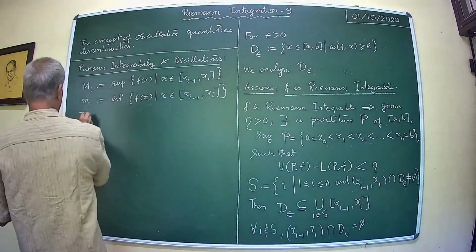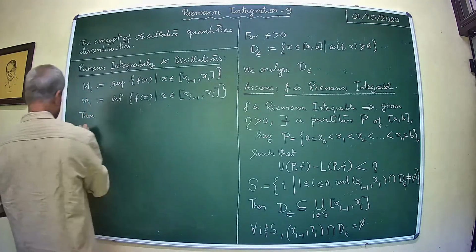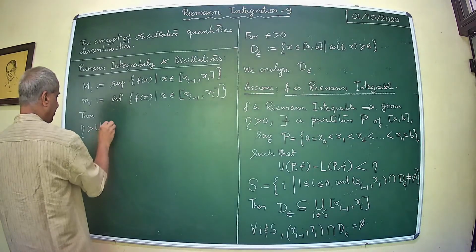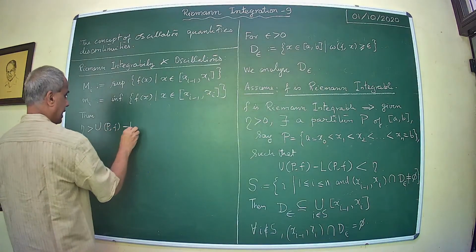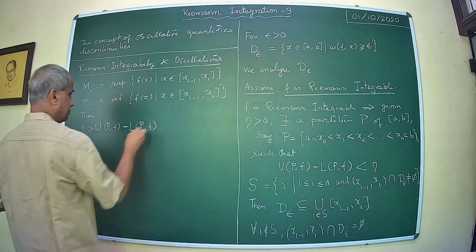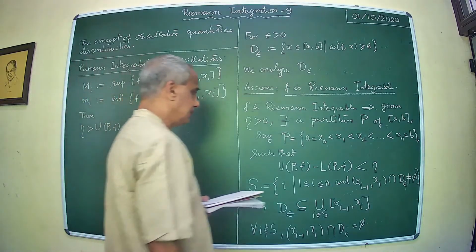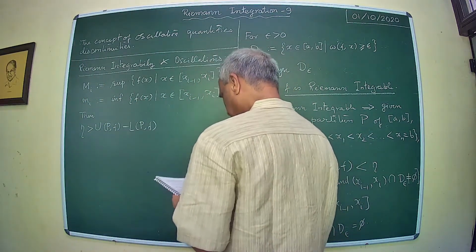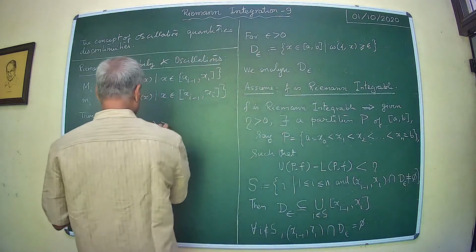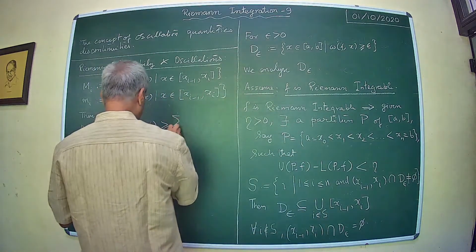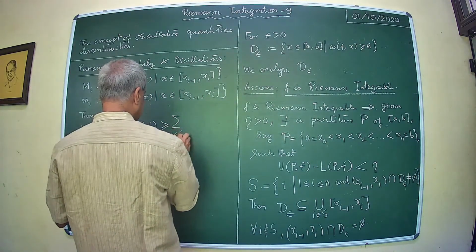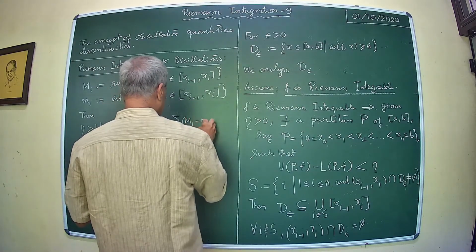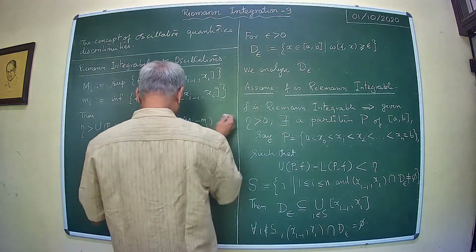Then one can easily compute that eta is greater than U(P, f) minus L(P, f). If you expand that and then drop certain sets, so you restrict only to the class of sets with i belonging to S, this is a simple calculation.